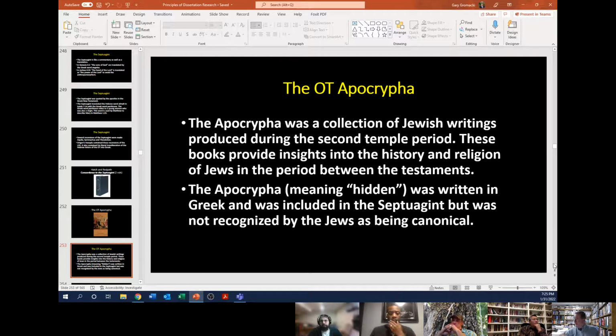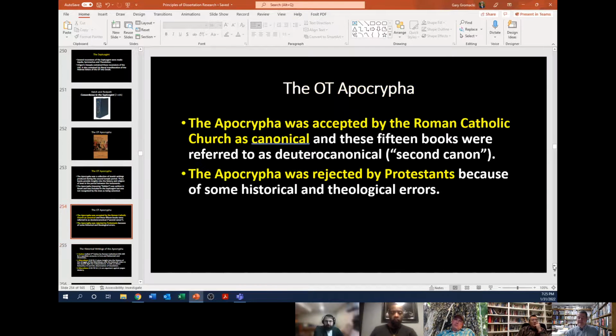So the Apocrypha, the word itself means hidden. This Apocrypha is written in Greek, included in the Septuagint, okay, but was not recognized by the Jews as being canonical. Accepted by the Roman Catholic Church as canonical.